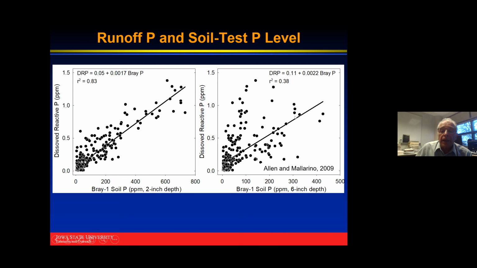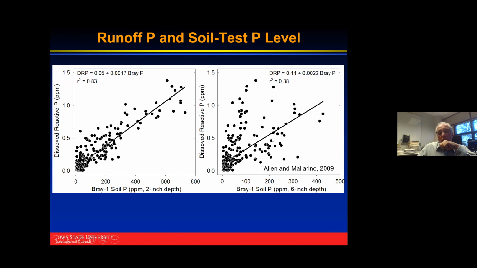And then here on the right, we have the 6-inch sampling depth, exactly the same study, the same site. So we see that when we sample the top 2 inches, as you can expect, there is a better correlation because that's where much of the P is extracted in surface runoff.